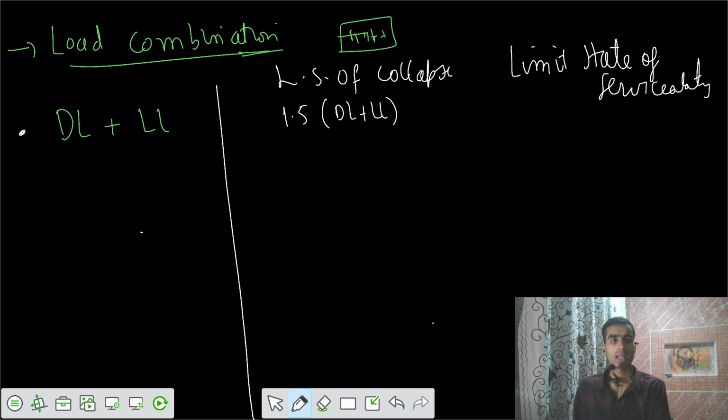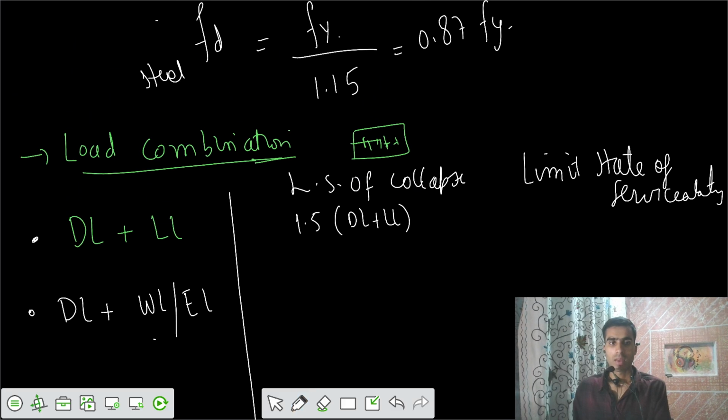And the second combination is that if there is dead load and there is wind load, or we can say earthquake load. So we write wind load or earthquake load. Out of those two, we keep the maximum for the calculations.